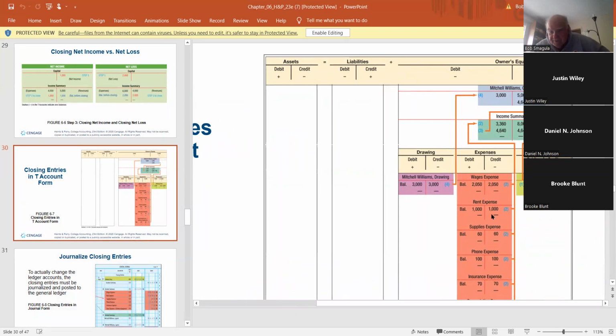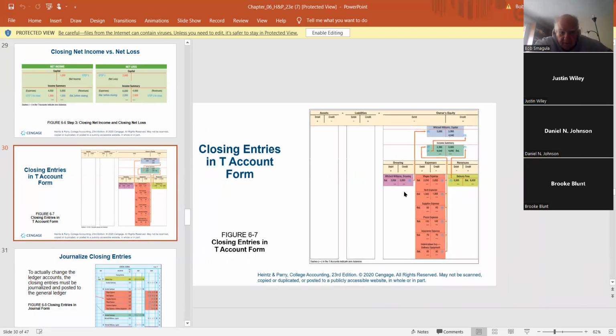We add those expenses up and they came to $33.60. That left a balance of, the expenses rather were $46.40, and it left a balance which we then close out, and the drawing gets closed directly to capital.